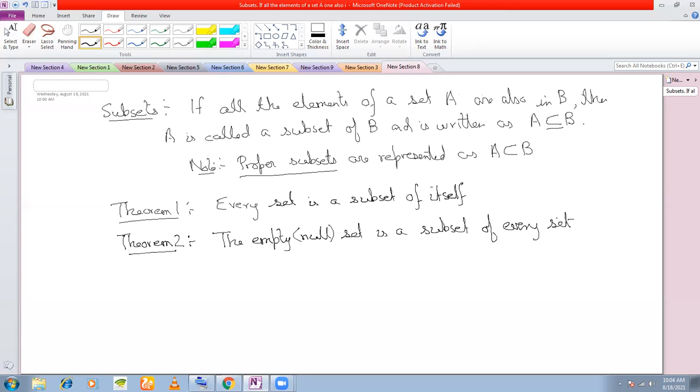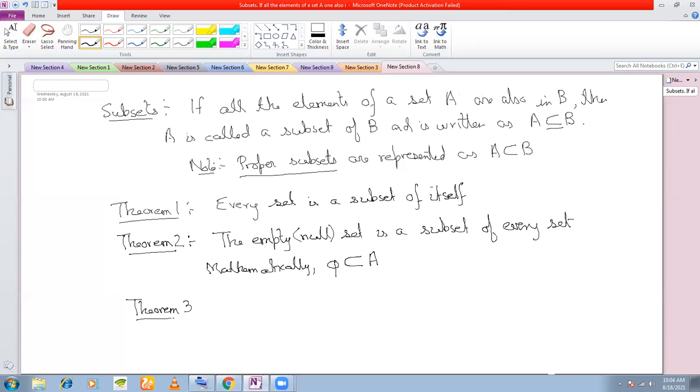Any set that you consider, any way you define a set, the null set will always be a subset. So we write this mathematically: the null set is a subset of any set that you consider. Very important theorem, which we shall be using later on also.